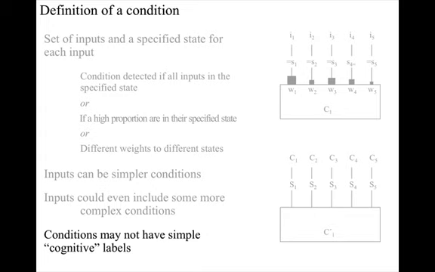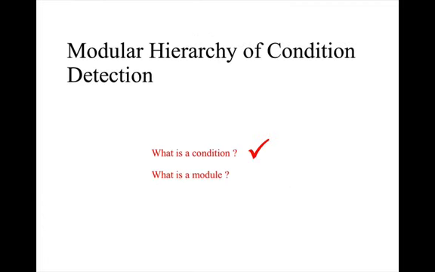So defining what exactly a condition detects in cognitive terms could be very complex. The only useful way to think about a condition is that it's an information circumstance that's useful to the system for performing generally lots of different functions.